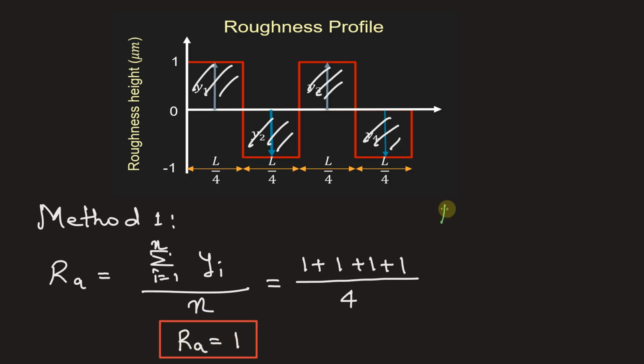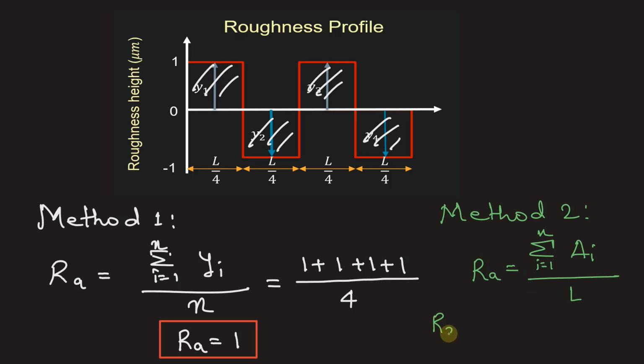Now using method 2, the area relation, Ra is equal to the summation of areas from i equal to 1 to n divided by the total length L. We can see there are 4 areas: A1, A2, A3 and A4. All of them are equal.